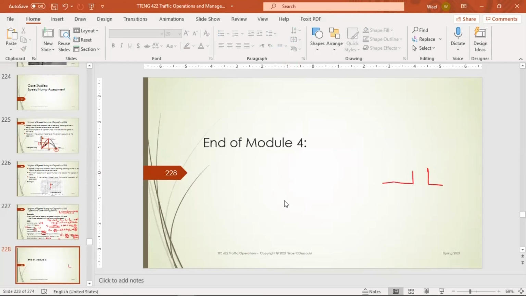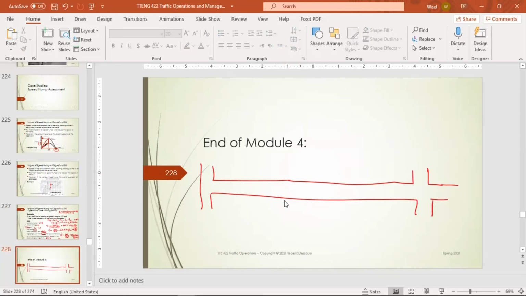These are the intersections, and there were long segments like this. Once we reach the point where the driver can accelerate and get to a high speed, we put a speed hump, such that we force the driver to slow down to cross it.